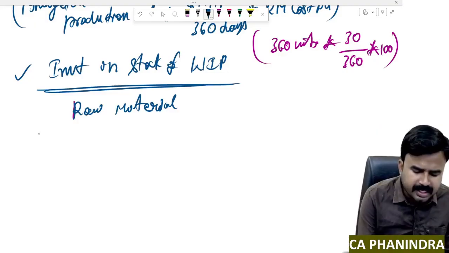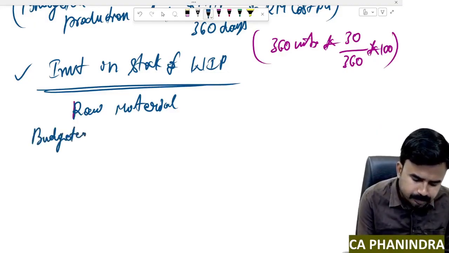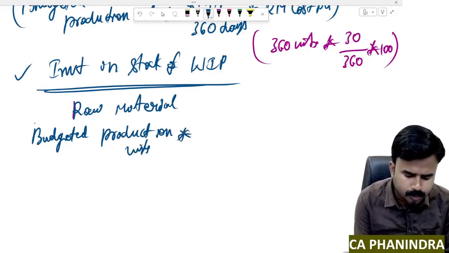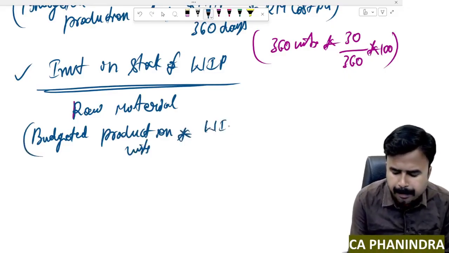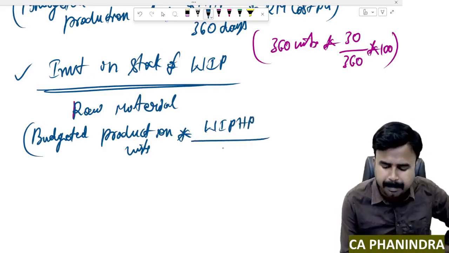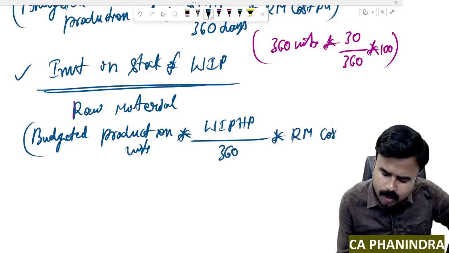See, the formula is very simple. Budgeted production units into WIP-HP, work in progress holding period, which is also known as processing period, divided by 360 days into raw material cost per unit.